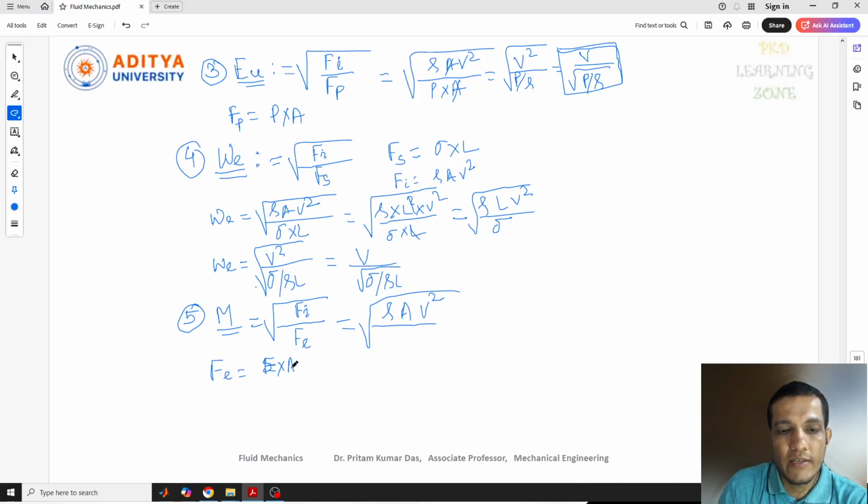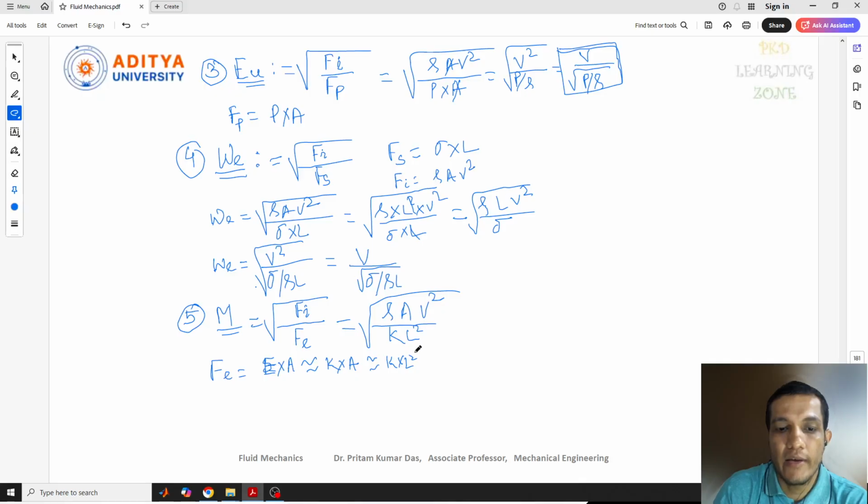So E into A is nothing but elastic stress. These things you can also write in terms of K into A. Any one can be considered. This K into A also can be written K into L square, because A is the length into width or breadth. So here the same thing I'll write, K L square.